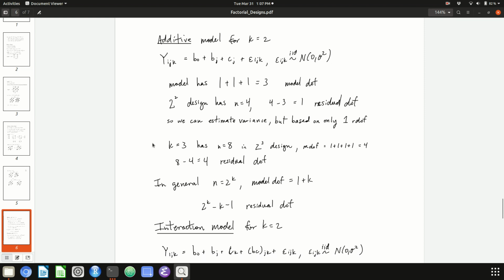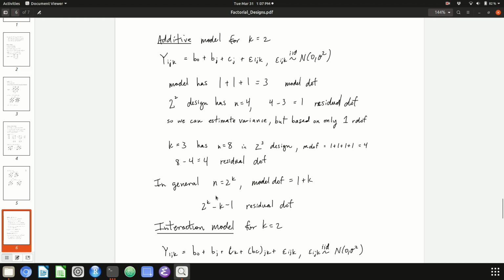In the k equals 3, so 3 factors, we have 8 runs in the 2 to the 3 design, and the model degrees of freedom is 4. And so therefore we have 4 residual degrees of freedom, so we can get a little bit better estimate of the residual variance.